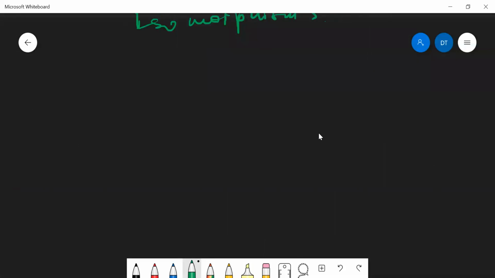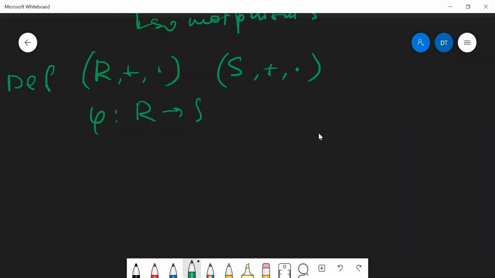Suppose we're given two rings, R with addition and multiplication, and S with its own addition and multiplication. I want to define a homomorphism phi from R to S. Phi must be a map from the set R to the set S, so it takes elements from R to elements of S. And now the axioms.